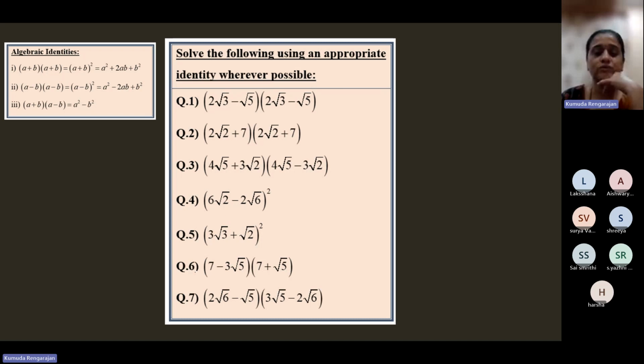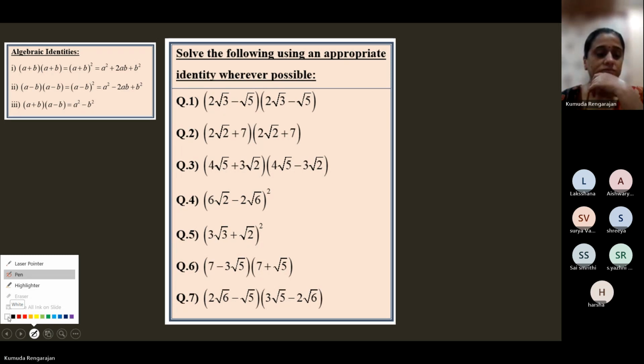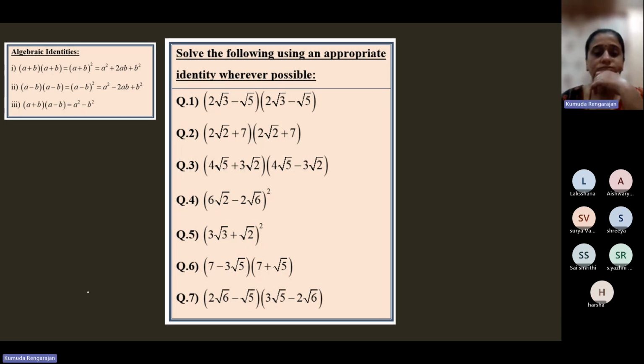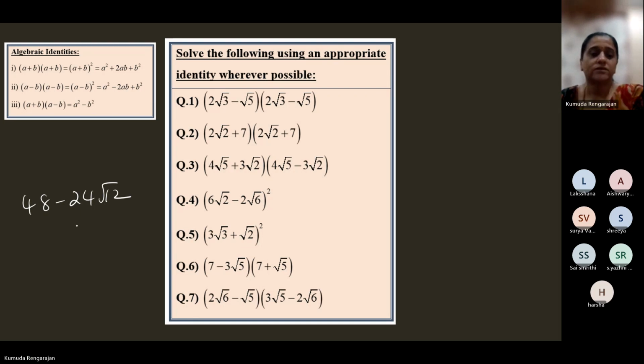So what's the answer of the fourth one? Read the final answer of the fourth one. 48 minus 24 root 12. Same answer, all of you?